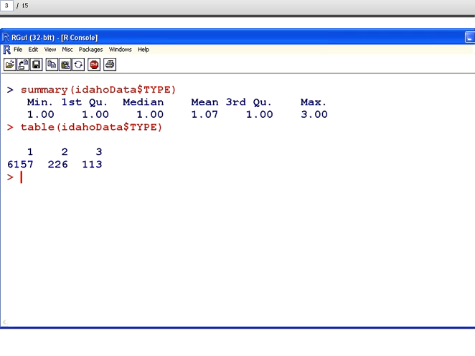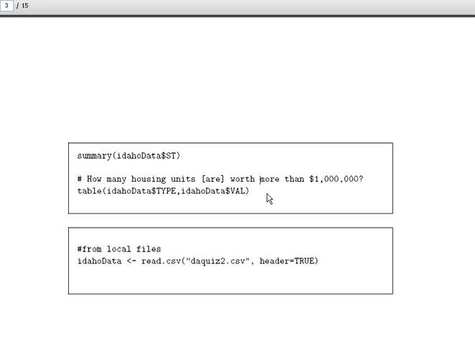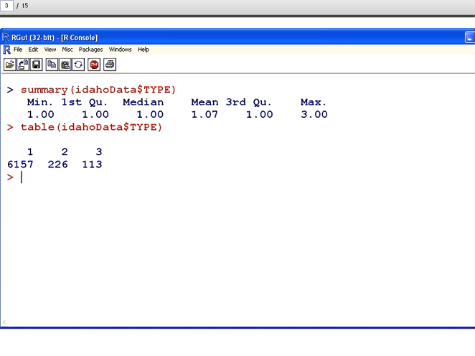Let's get the values, and what we can do here is a cross tabulation of the variable type, of property units, which includes housing units and other units like factory units, and the value of each. So we could specify both variables one after the other, and ideally they're both categorical variables.